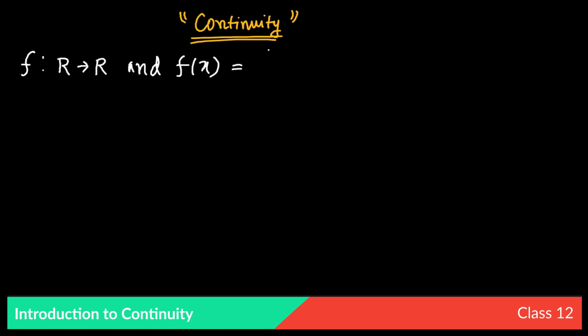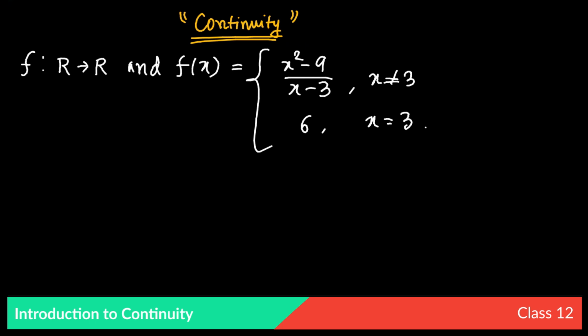So to understand it in a better way, let us take an example. Suppose f is a mapping from R to R, and f(x) is defined as f(x) = (x² − 9)/(x − 3) when x is not equal to 3, and 6 when x is equal to 3.